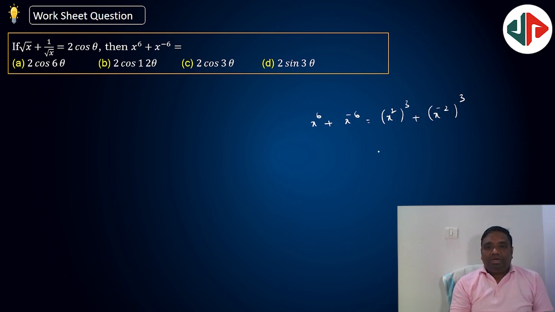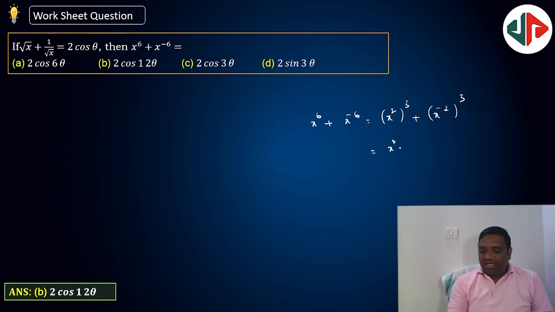It is a cube plus b cube. Then what is our answer? We can rewrite this as a plus b whole cube. This we can rewrite as x square plus 1 by x.